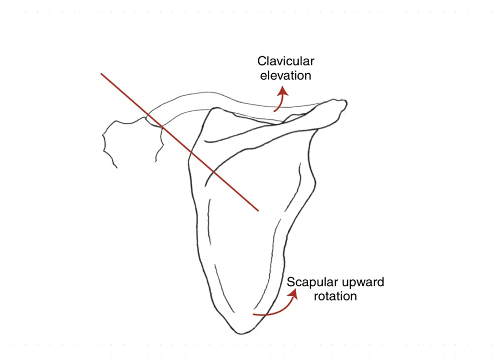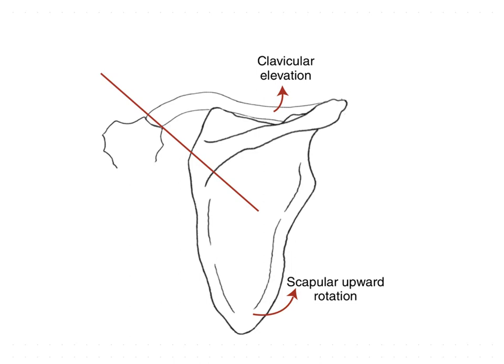The coracoid process is tied to the clavicle by the coracoclavicular ligament, and the movement of the scapula is prevented because of this ligament.